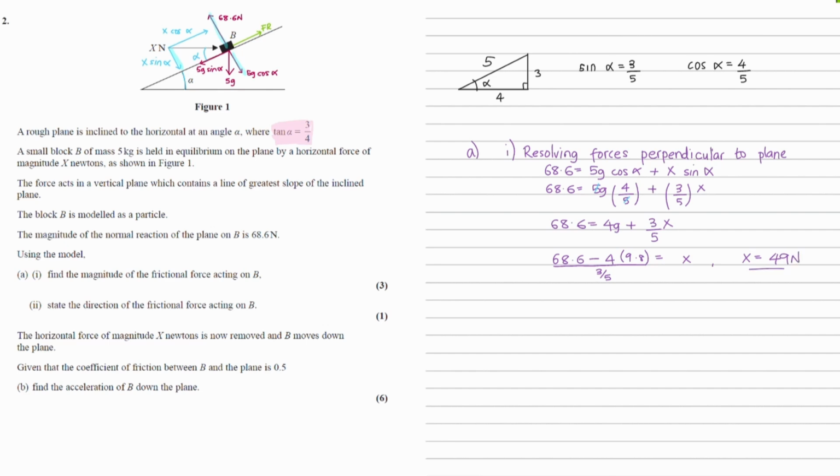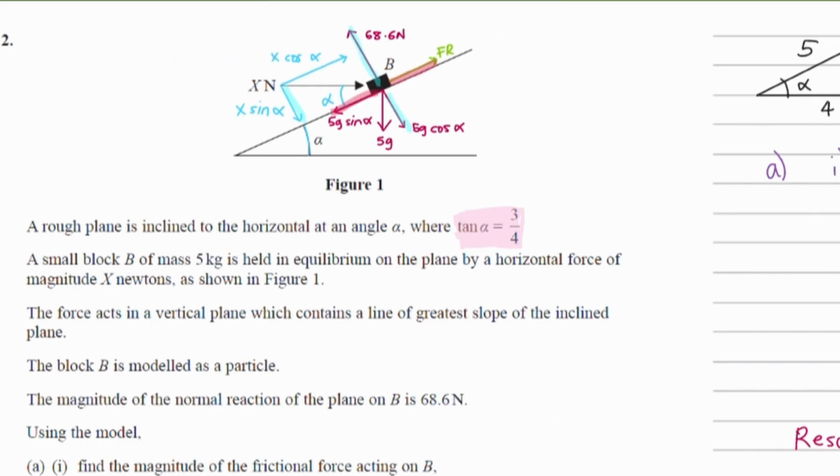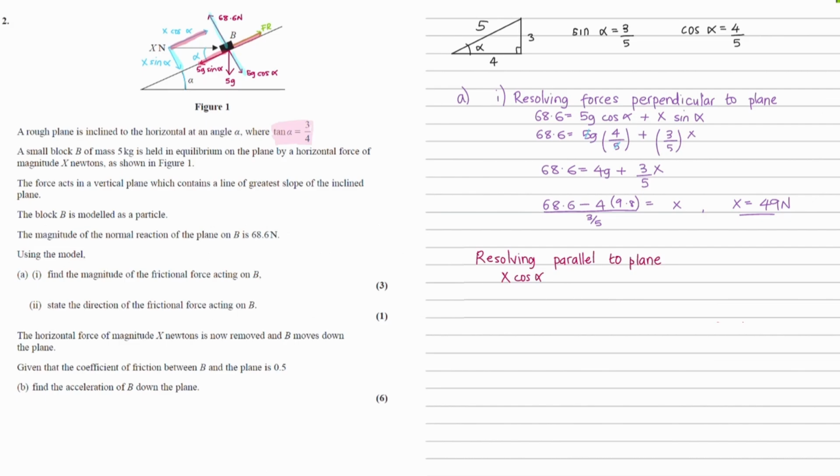Because we've now found x, we can now resolve the forces parallel to the plane, and that would be these three forces. So we can write this as x cosine alpha plus our frictional force F is equal to the force going the other way, which is just 5g sine alpha.